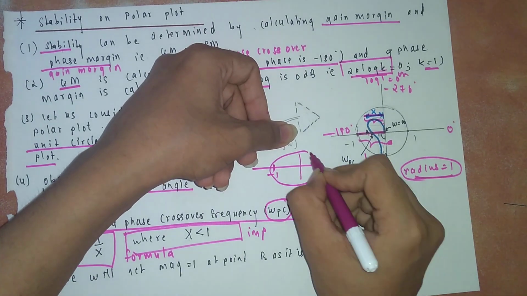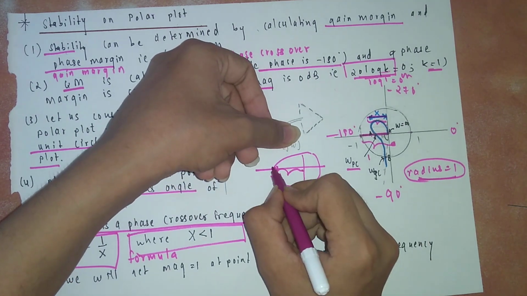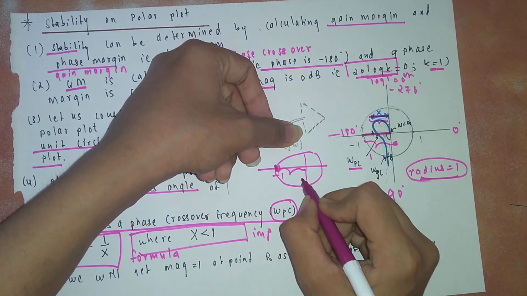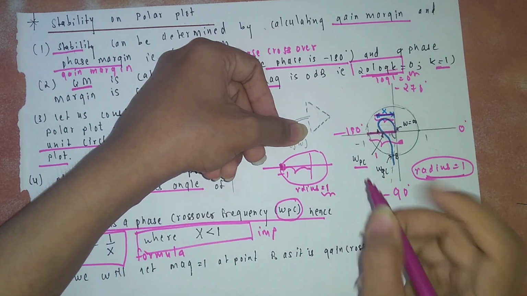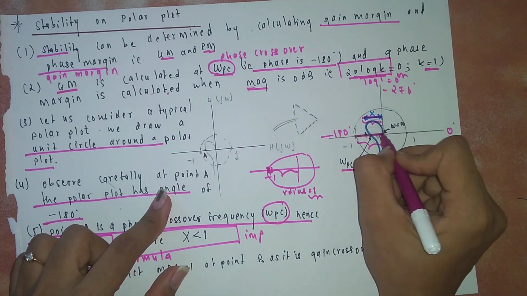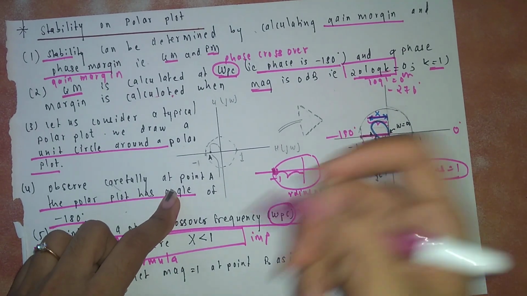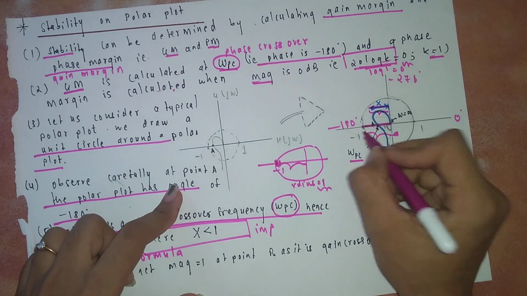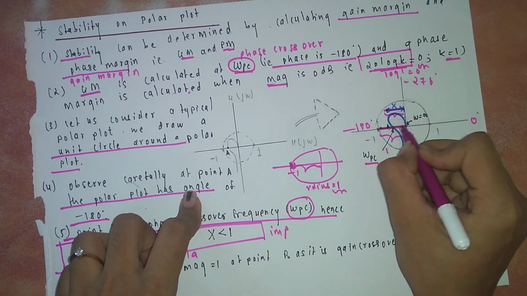But when you consider it as a radius, this radius is always +1. Radius is always +1. I hope, guys, it is clear, right? The length is always considered positive. You do not consider it as -1, right? Yes, the point is -1. So your polar plot should be inside this pink line.